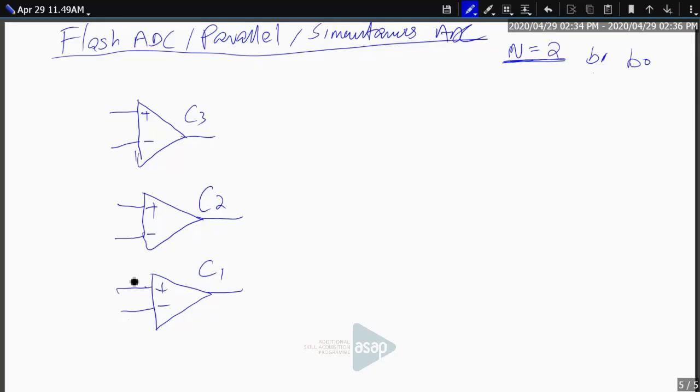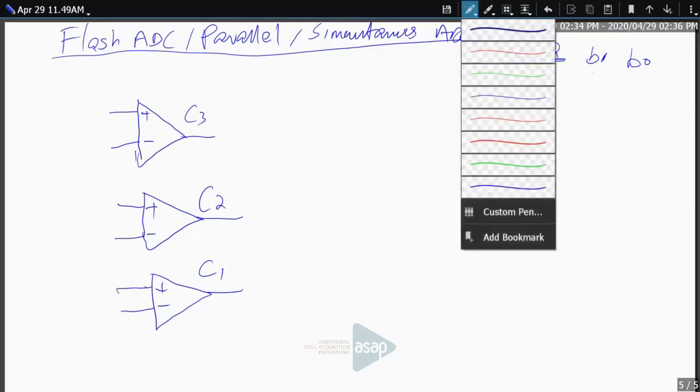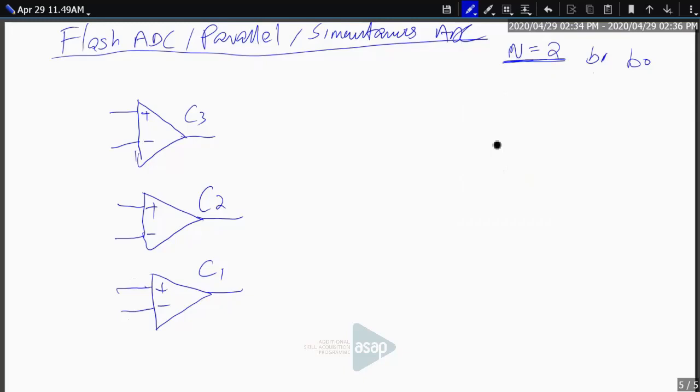In an n-bit output case, we require 2 raised to n resistors and 2 raised to n minus 1 comparators. Therefore, in this particular case, we require 3 comparators because n, the number of bits at the output, is equal to 2.